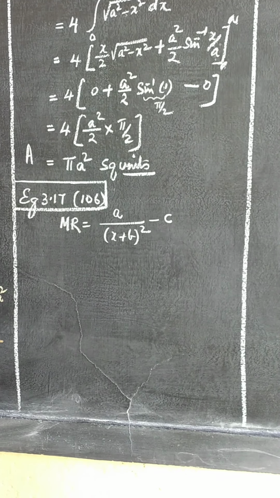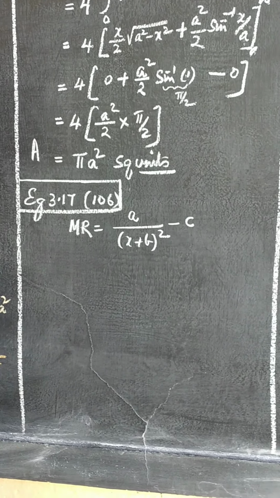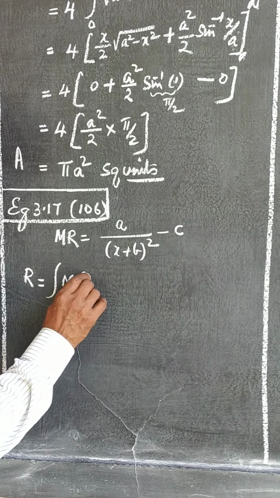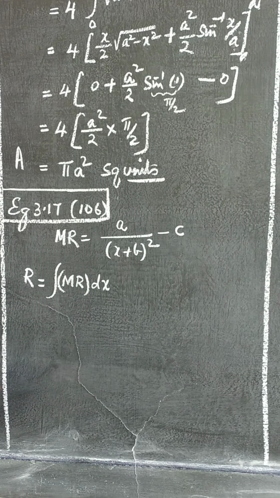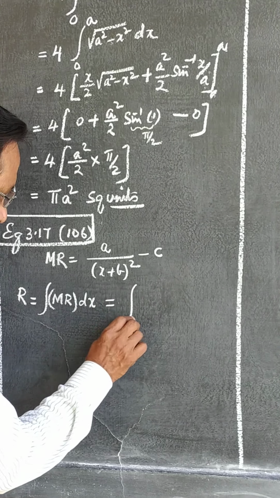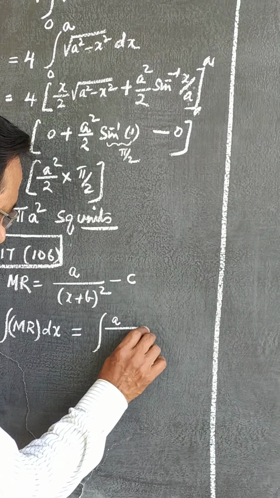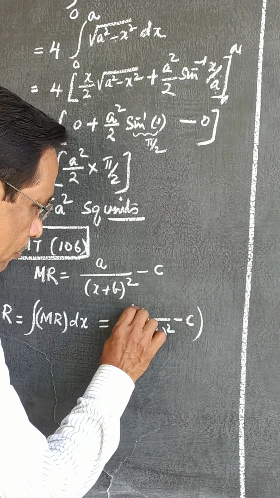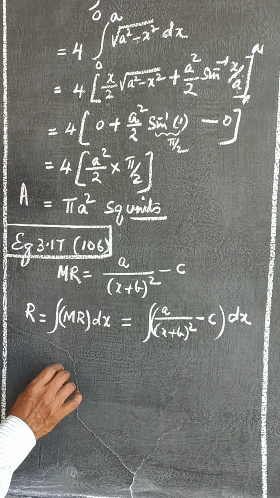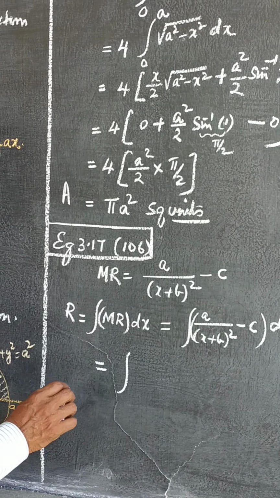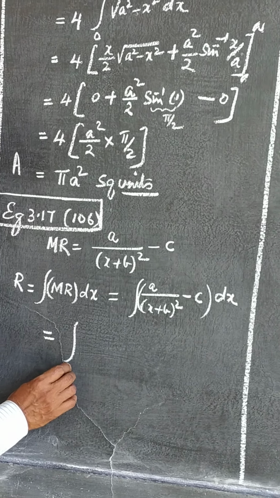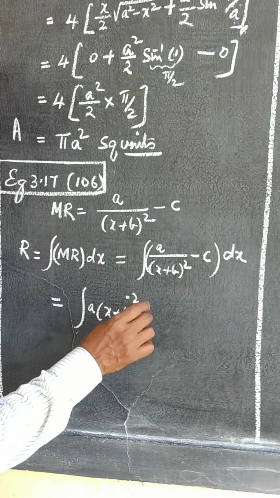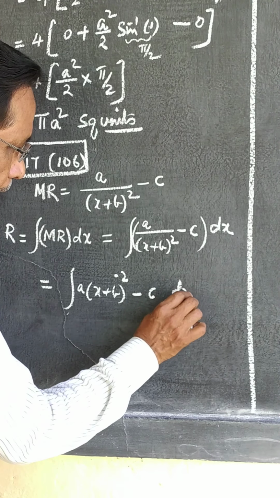So now MR is given to you. To find out R, what we have to do? Integral MR dx. This problem we have already done. That is integral of A divided by (x plus B) whole square minus C into dx. This is equal to A into (x plus B) power minus 2 minus C into dx.